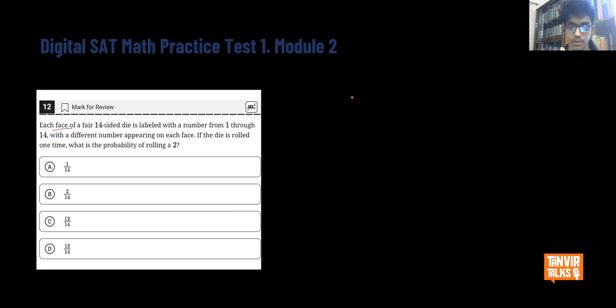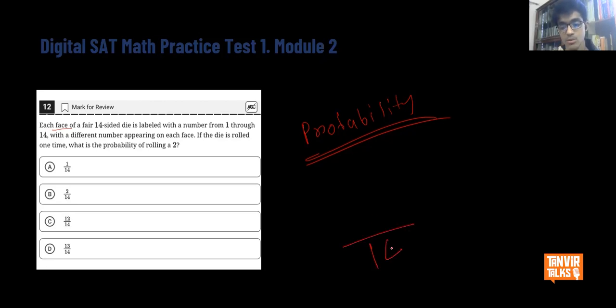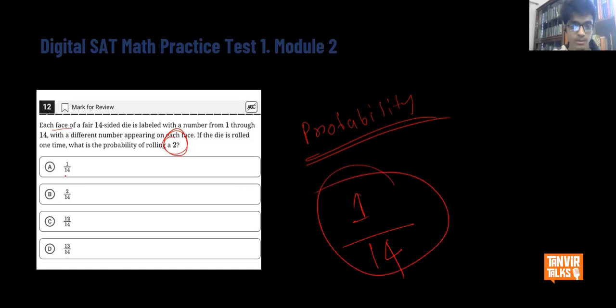If the die is rolled one time, what's the probability of rolling a 2? আচ্ছা, so what was the basic idea of probability? The total number of cases is 14, and how many chances do we have of rolling 2? How many 2s are there? One. So it's 1 by 14. Okay.